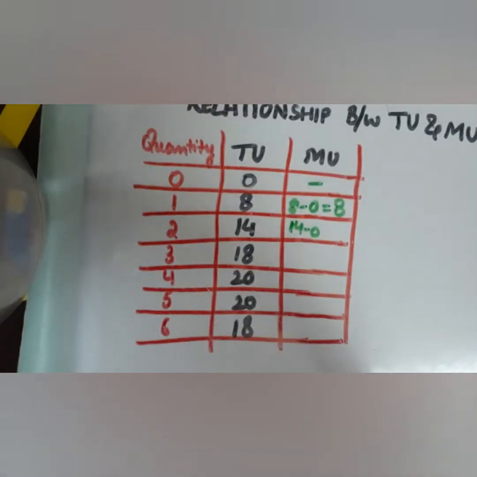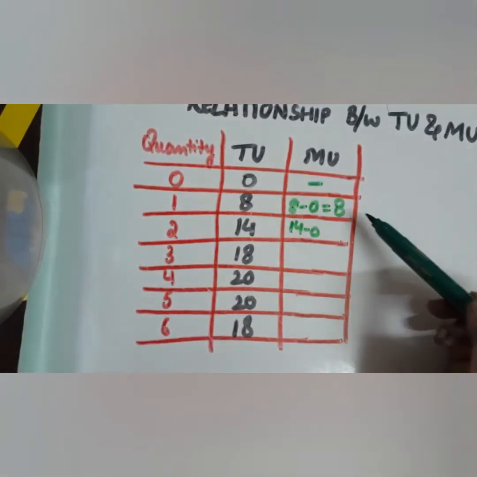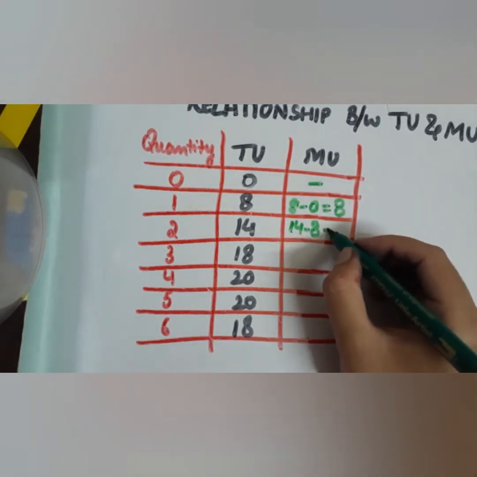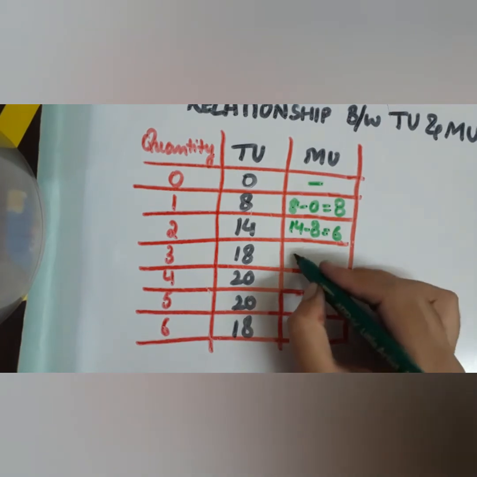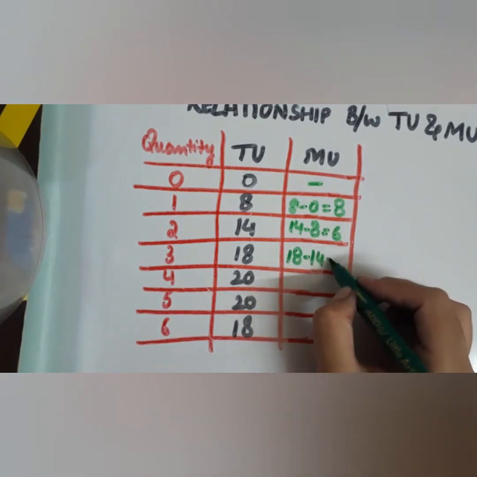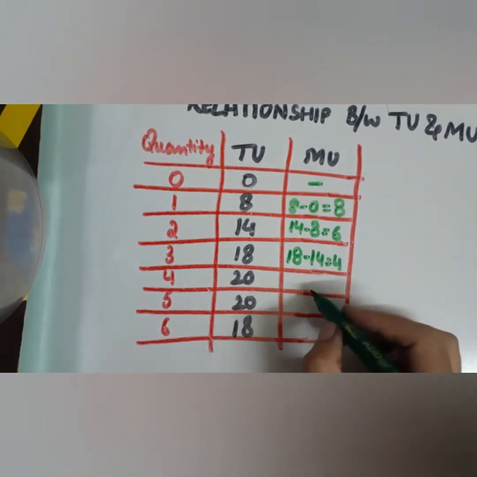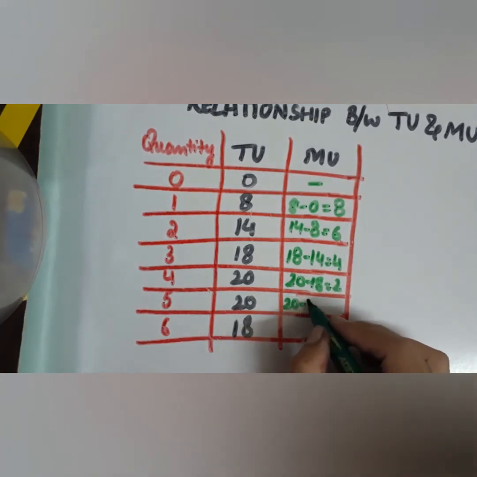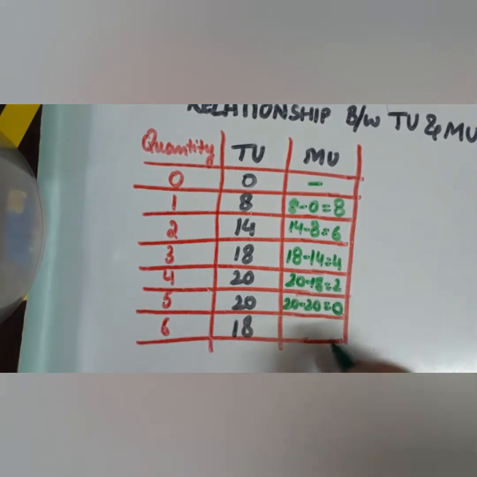Calculating it, starting with this, 8 minus 0 is equal to 8, 14 minus 8 is equal to 6, then 18 minus 14 is equal to 4, then 20 minus 18 is equal to 2, again 20 minus 20 is equal to 0, and 18 minus 20 is equal to minus 2.